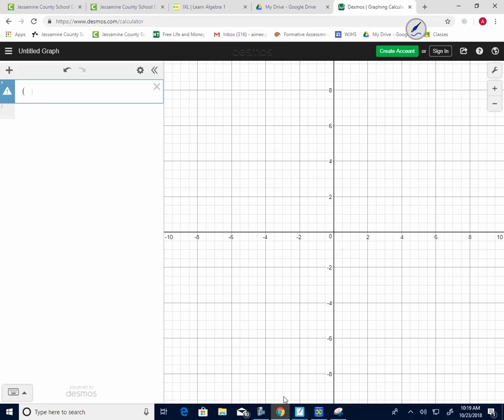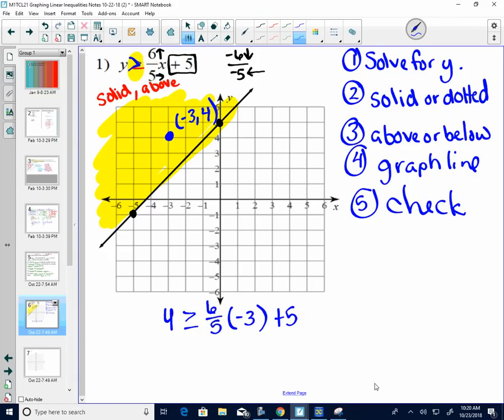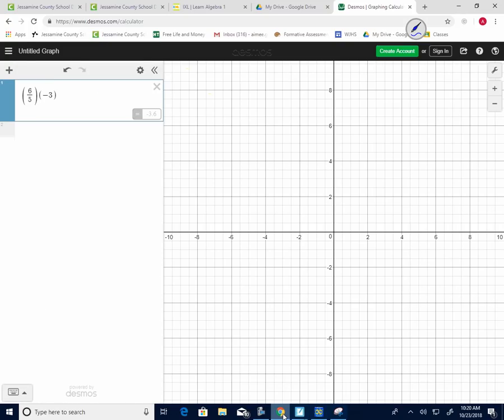So I need to put that in parentheses as 6 divided by 5, close parentheses, times negative 3, and it was plus 5. Hit enter, it tells me that my answer is 1.4.